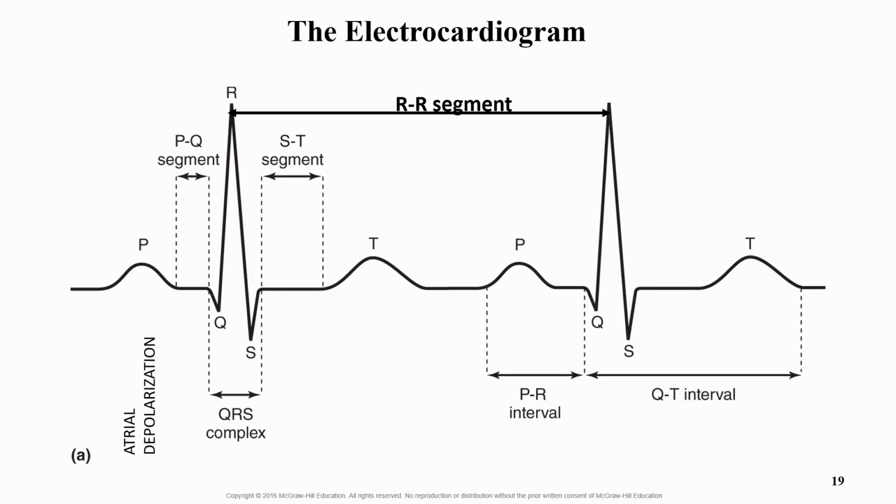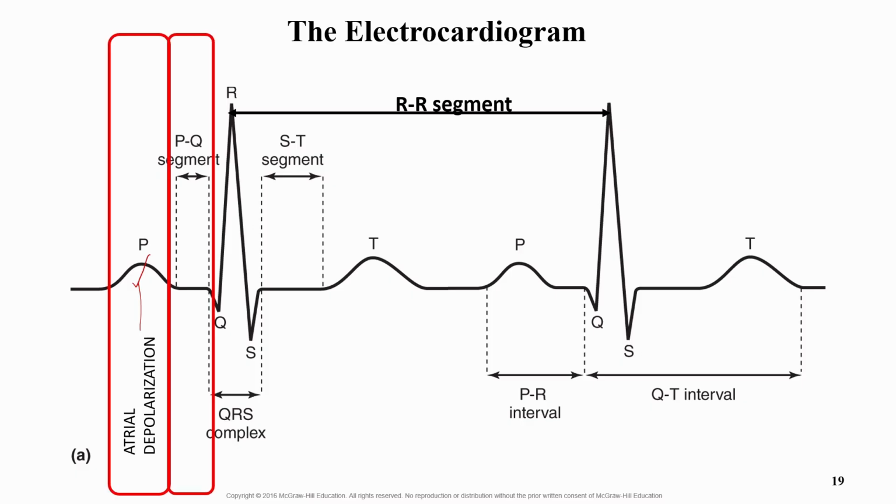So here are the segments again. So your PQ segment. First of all, that's atrial depolarization. In that PQ segment, there will also be mechanical activity here. There will also be atrial contraction, but the atria empty their blood, so they don't really need that much of a contraction.